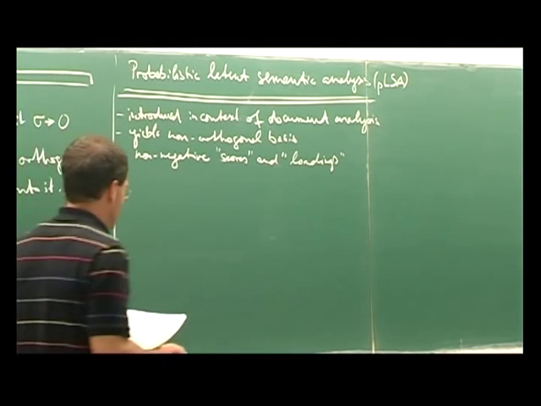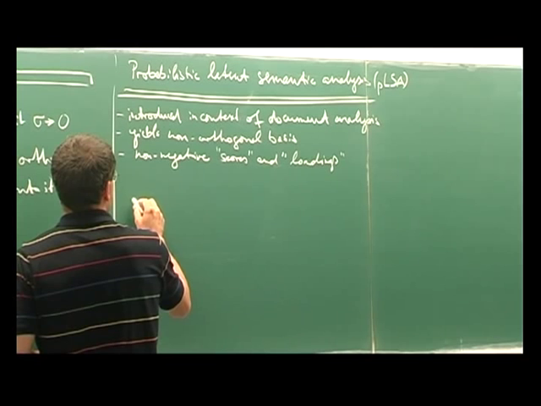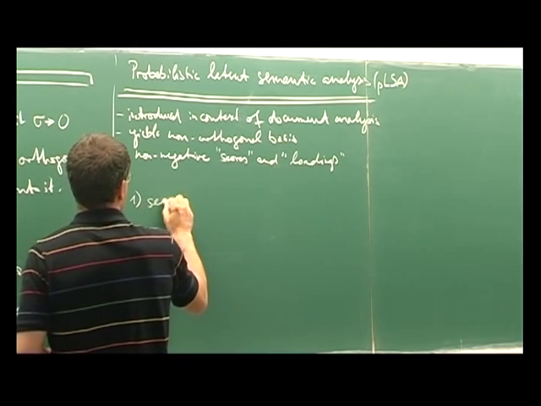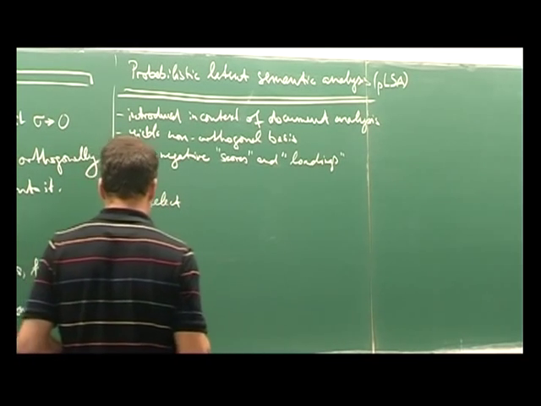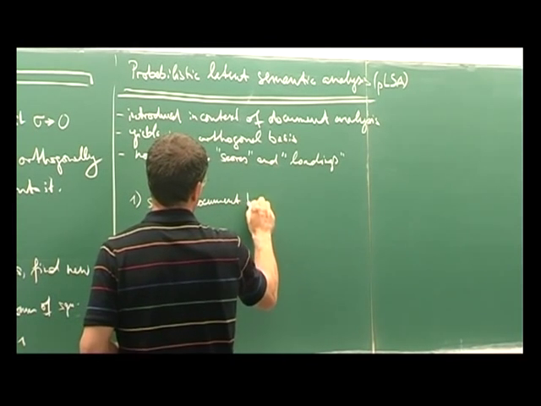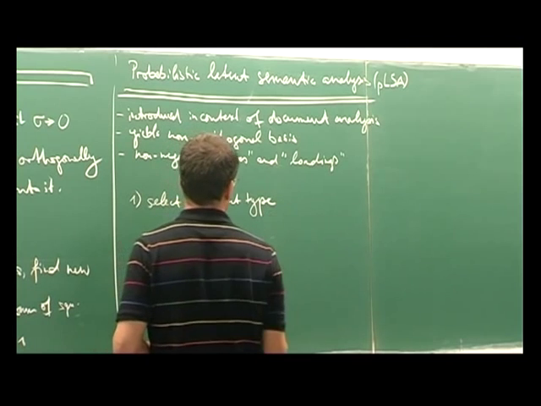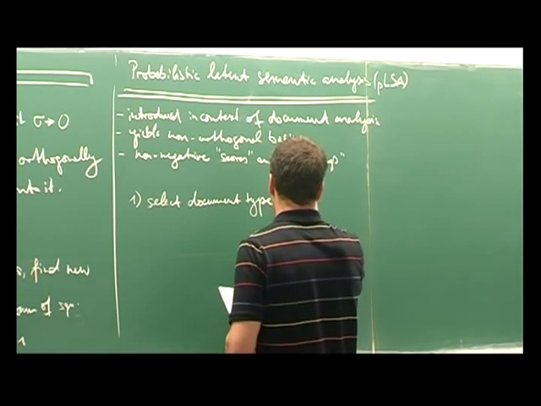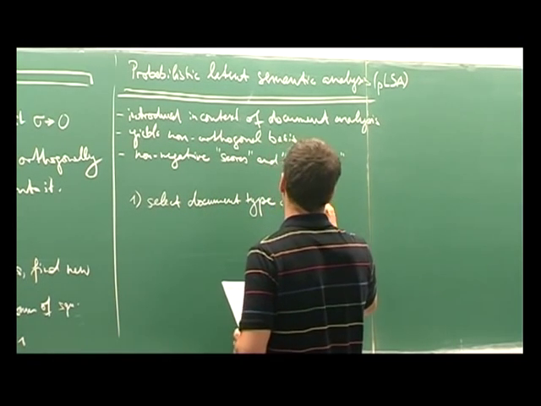So the generative model proceeds as follows. You first select a document type with some probability.